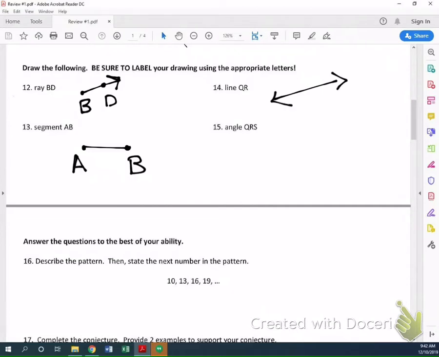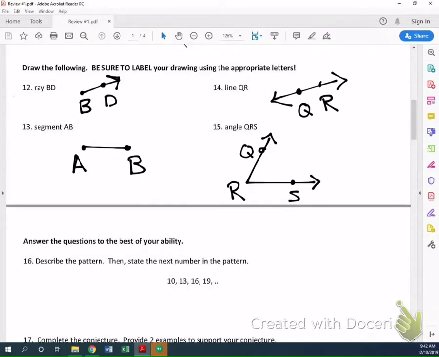Good. And then Q and R are just points on the line somewhere, not right at the end. And then an angle QRS, R has to be the vertex because it's in the middle. So on one of the rays, put a point and label it with a Q. Along another ray, put a point and label it with an S, and those get arrows.